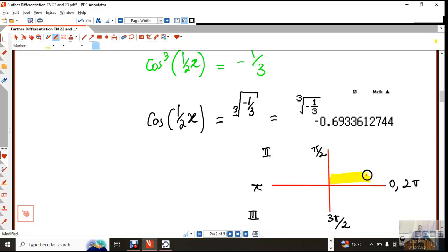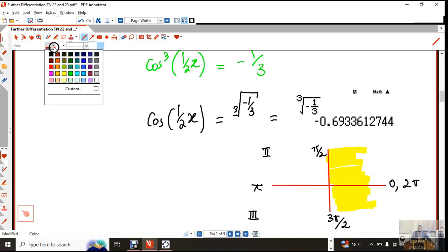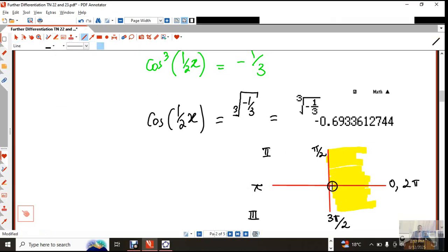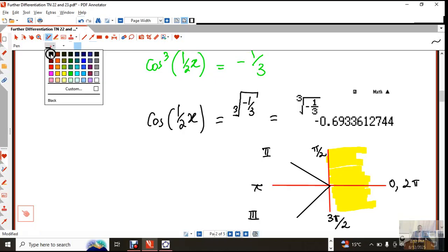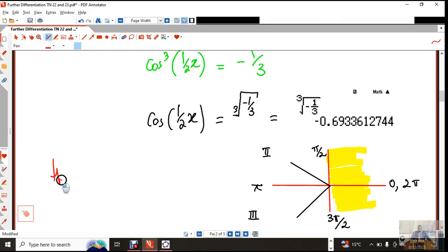So I'll just go ahead and say, okay, I'm not going to consider an acute angle as a solution. So I'm going to look at a scenario where that angle is in that quadrant or in this quadrant. But in order for me to do that, I will need to calculate what is referred to as the acute basic angle.